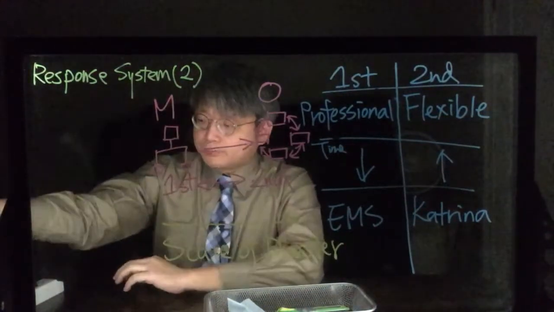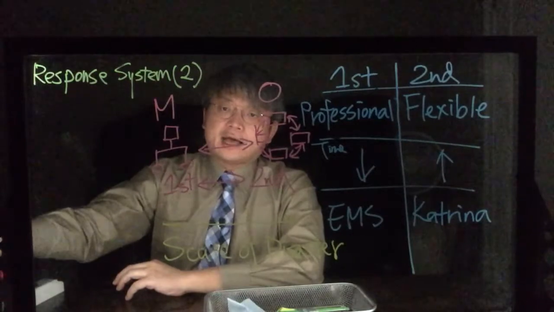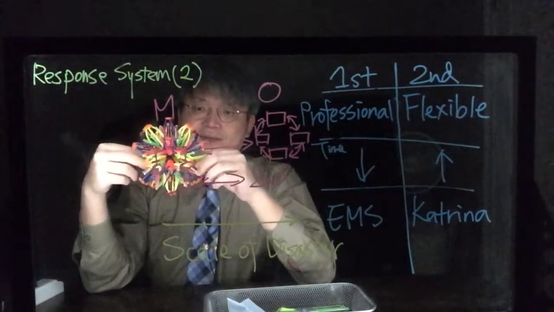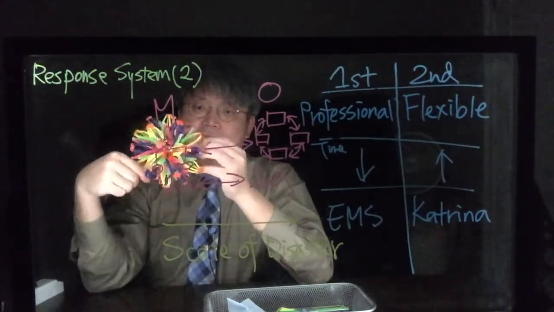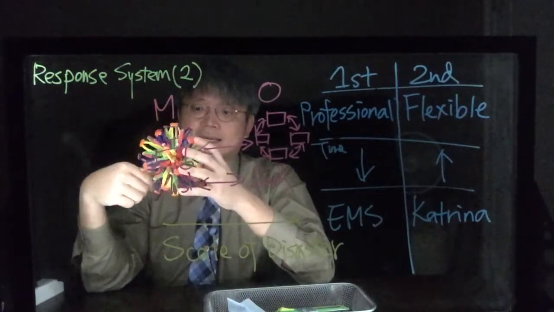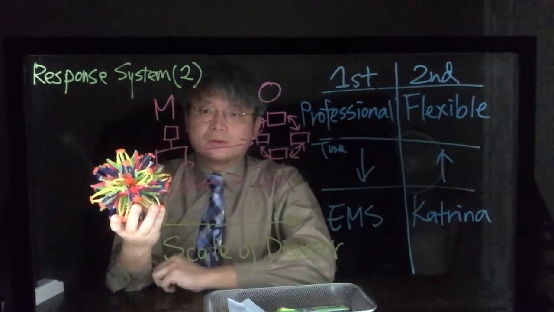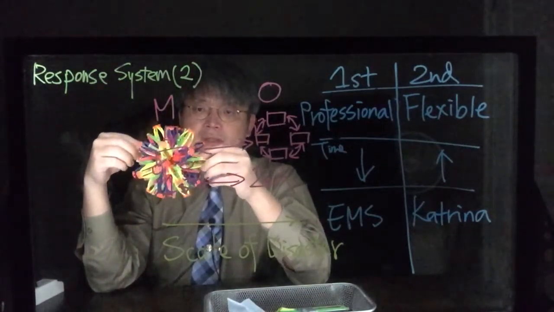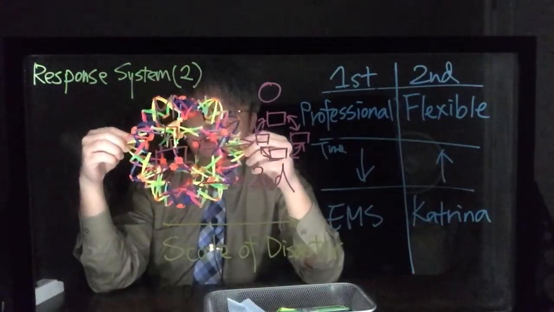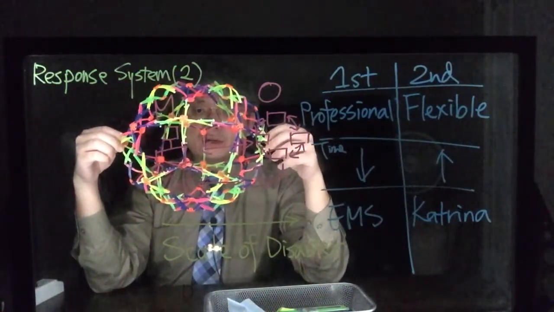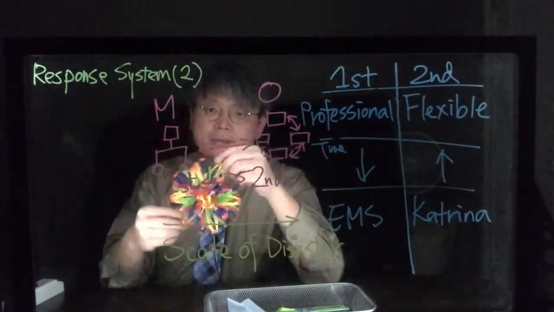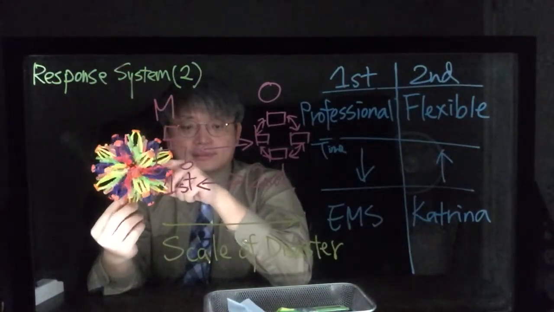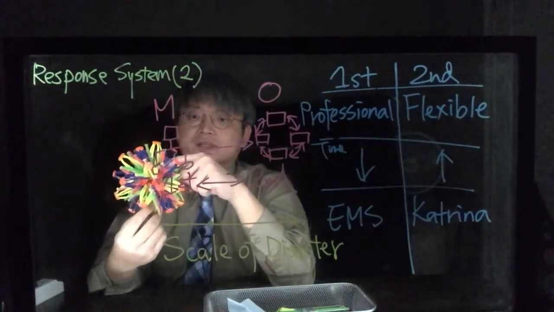So again, to help you better understand, I purchased a toy here. The response system is like this toy, right? In many times it looks like this, a very small ball. But as the disaster expands, the toy is going to expand like this one, which is natural, right? Why? Because with this small ball, there are not many spaces for other organizations to join it.